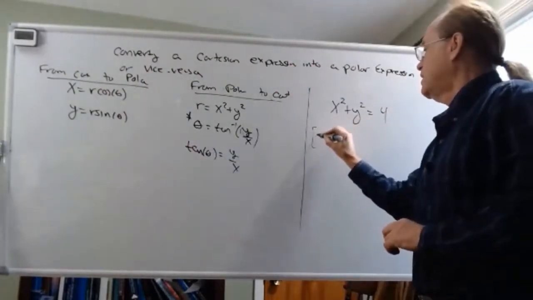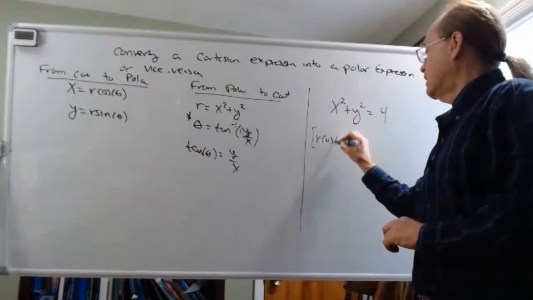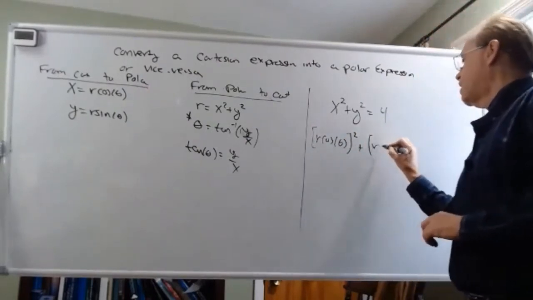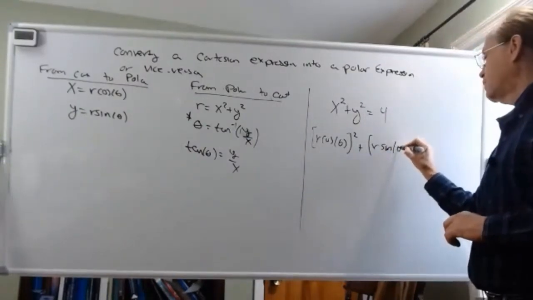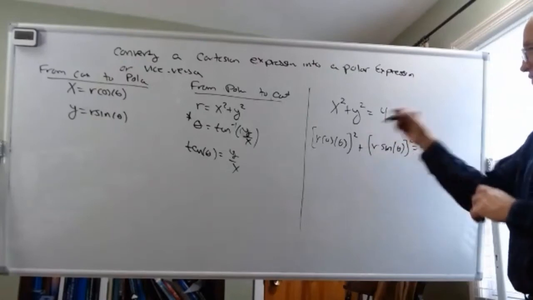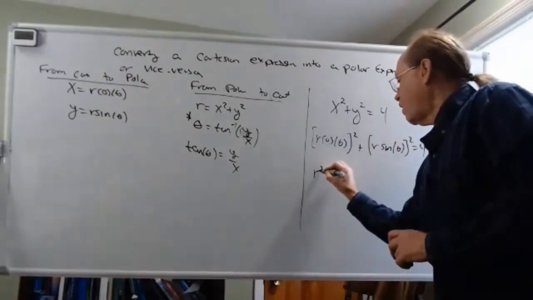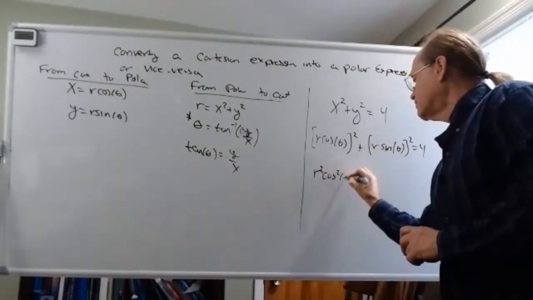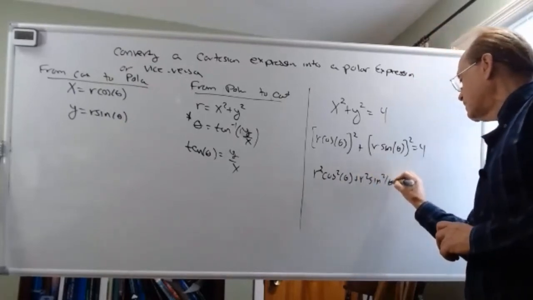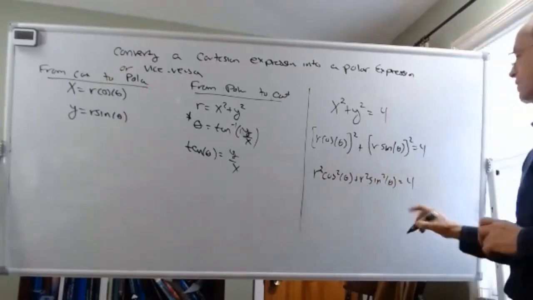I'm going to make the change of variables where x is r cosine theta. So I replace that: r cosine theta, quantity squared, plus y is r sine theta, quantity squared, is equal to 4. Let's square this out. R squared cosine squared theta plus r squared sine squared theta is equal to 4.